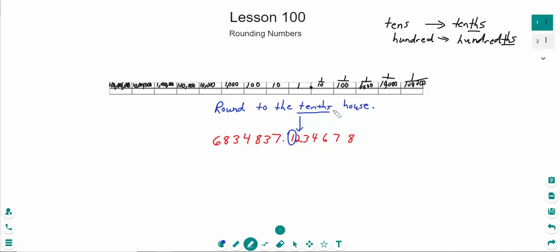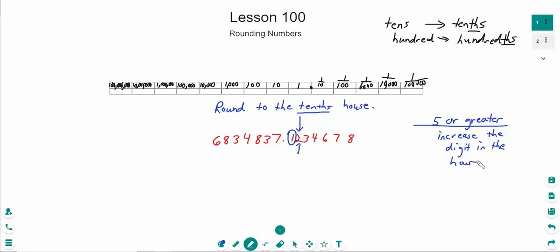All right, and to decide that, we look at this next number and we ask ourselves, is it 5 or greater? And if it's 5 or greater, then we increase the digit in the house.